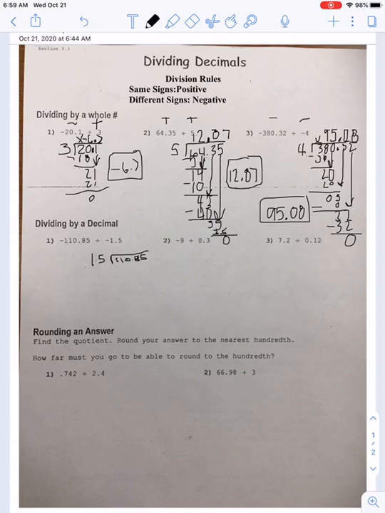But since we are dividing a decimal by a decimal, that cannot happen. We need to make this outside number a whole number. So we need to move the decimal as many places to the right as we need to make it a whole number. In this case, we have to move this decimal over 1 space.